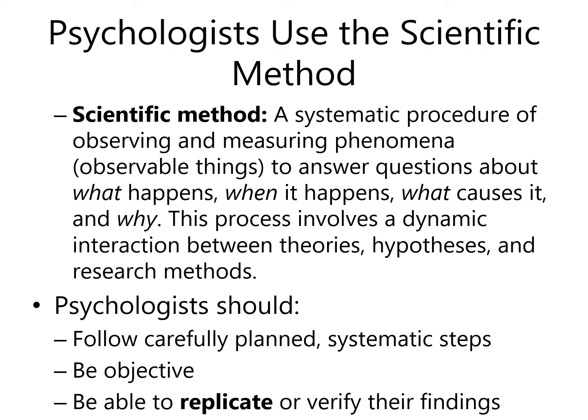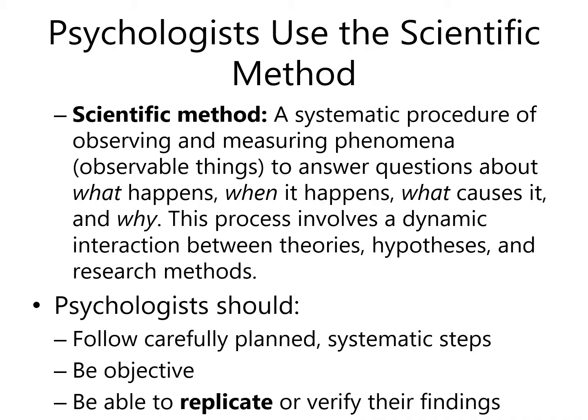It's an interaction between theories, hypotheses, and research methods. Psychologists always should follow carefully planned systematic steps so that we're all conducting research in the same exact way. We want to be objective and not let our own thoughts or theories interfere with that research.